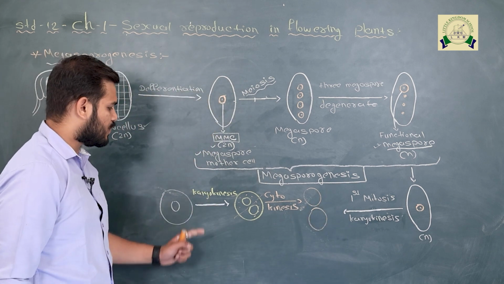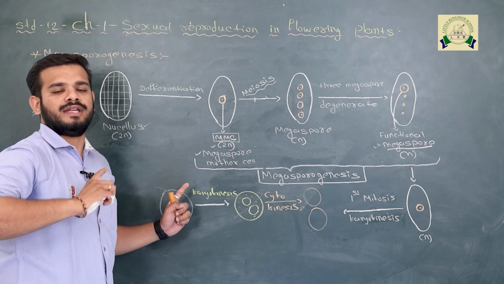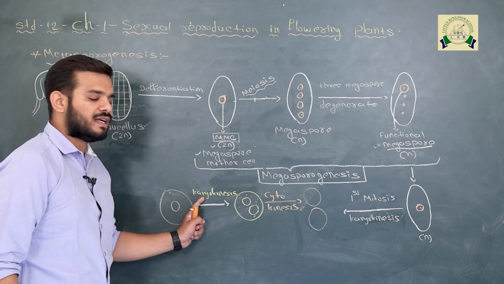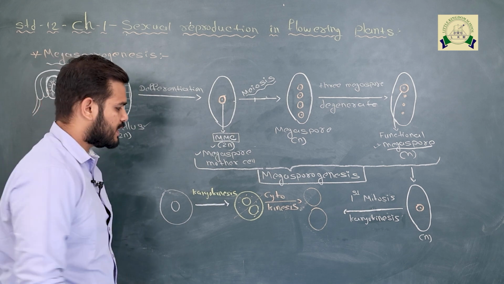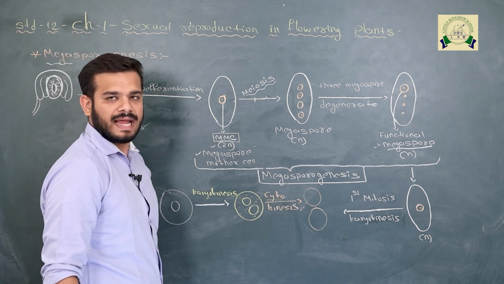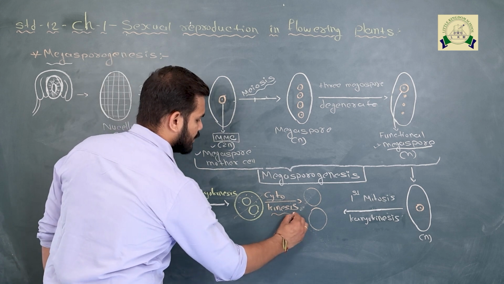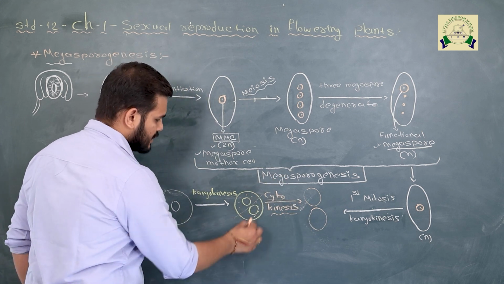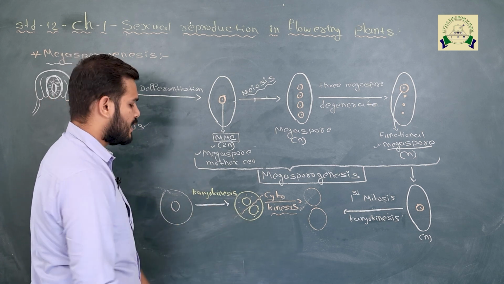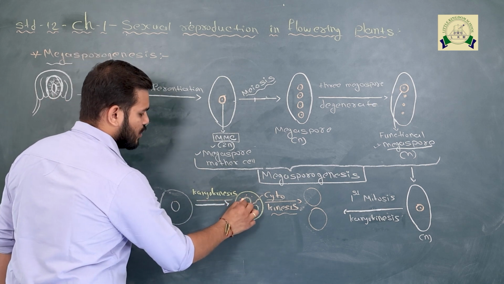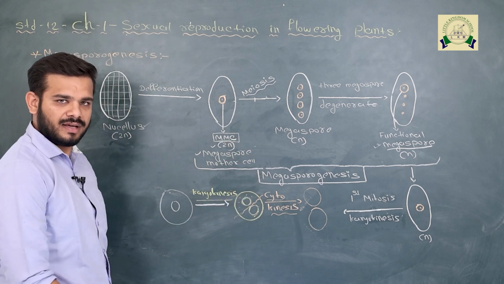So as a result of karyokinesis, the nucleus divides. Karyo means nucleus. Kinesis means division. Simple logic. Cyto means cytoplasm. Kinesis means division. In cytokinesis, the cytoplasm of the cell is going to divide, that means the cell divides into two daughter cells. In karyokinesis, only and only the nucleus is going to divide. Clear?